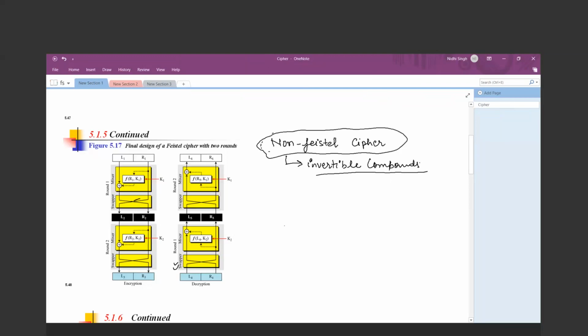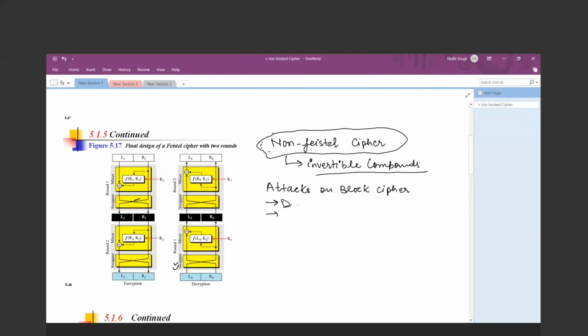Now, what will be the possible attacks over the block cipher? As you know, the block cipher holds two properties. The first one is diffusion and the second one is confusion.